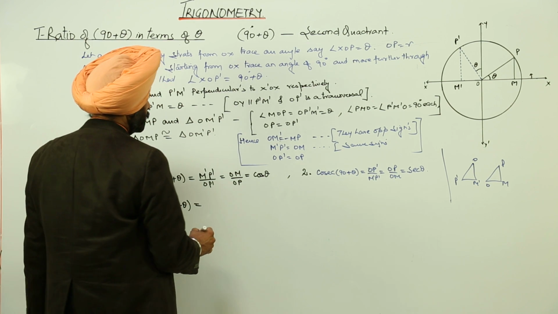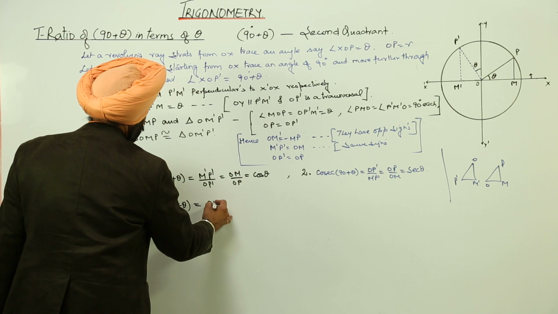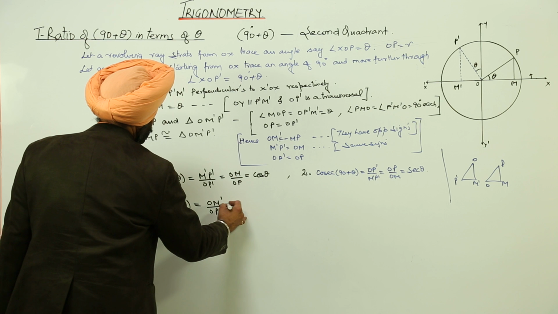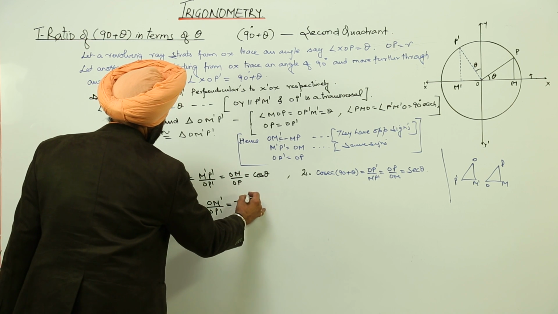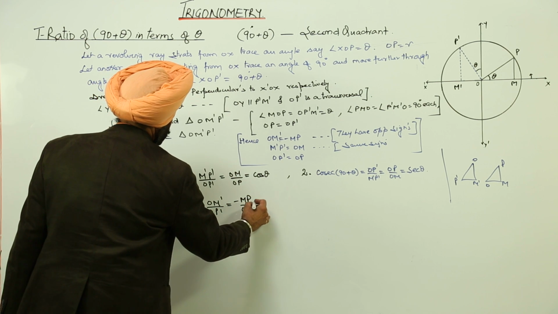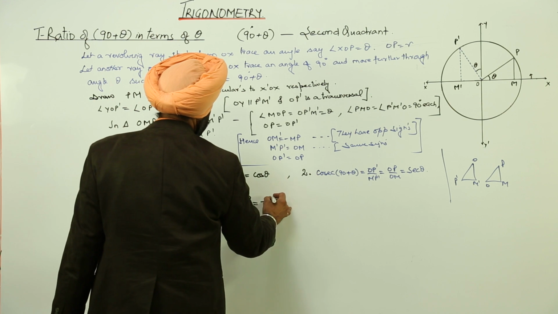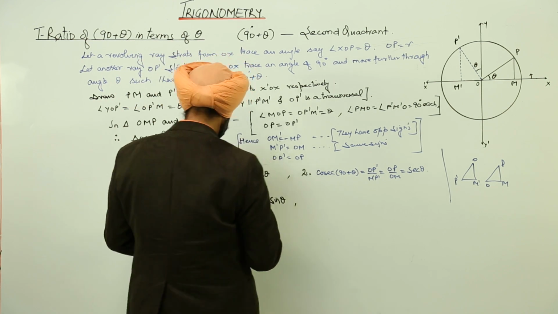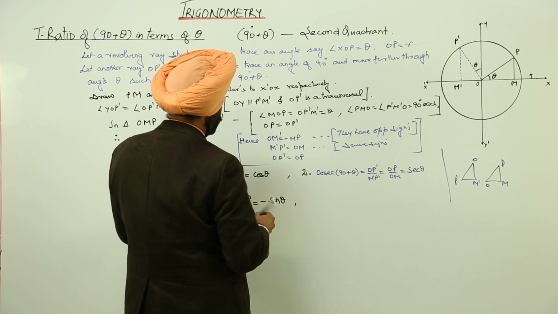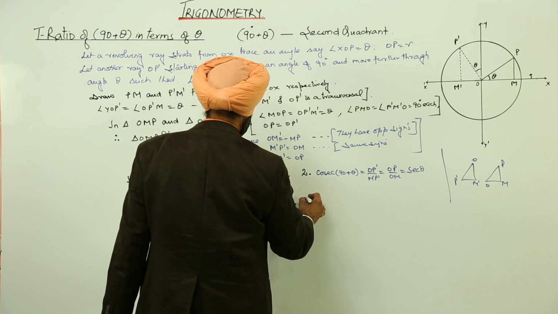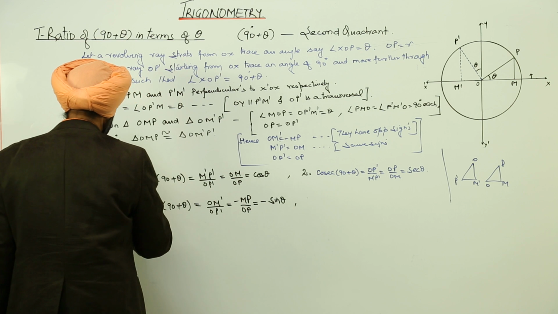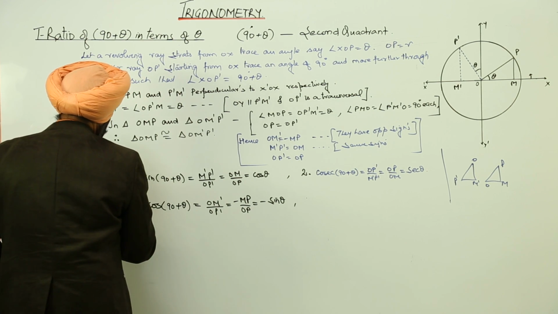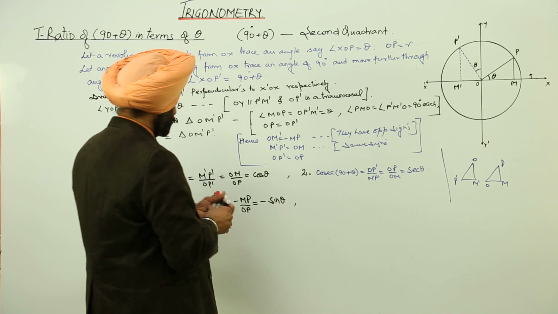Cos 90 plus theta is OM dash upon OP dash. Now this is negative of MP upon OP, which is equal to negative of sin theta. Three, and this is 4.